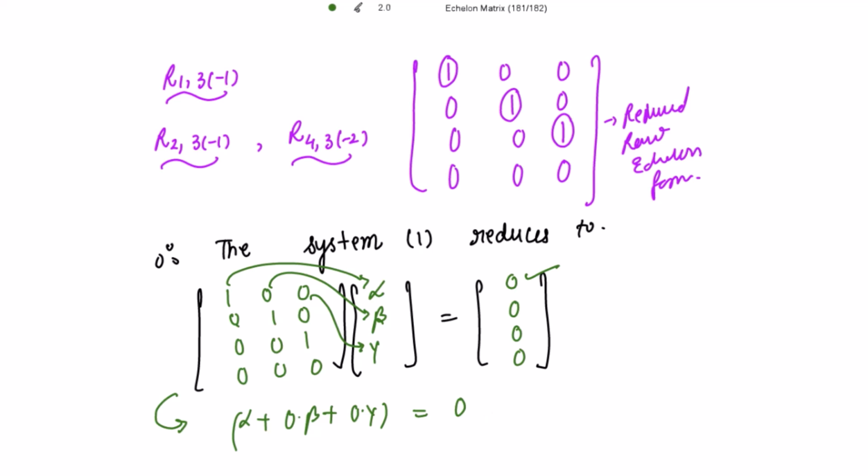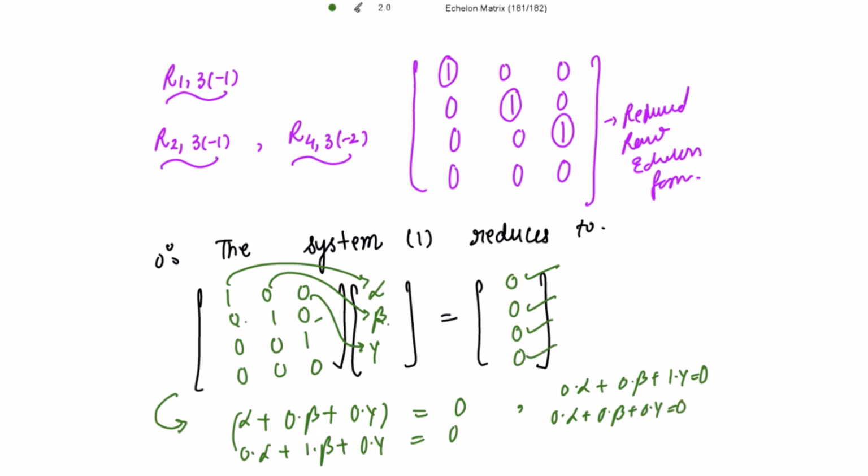And now the second equation, 0 into alpha plus 1 into beta plus 0 into gamma equal to 0. Third equation, 0 into alpha plus 0 into beta plus 1 into gamma equal to 0. And fourth one, 0 into alpha plus 0 into beta plus 0 into gamma equal to 0.